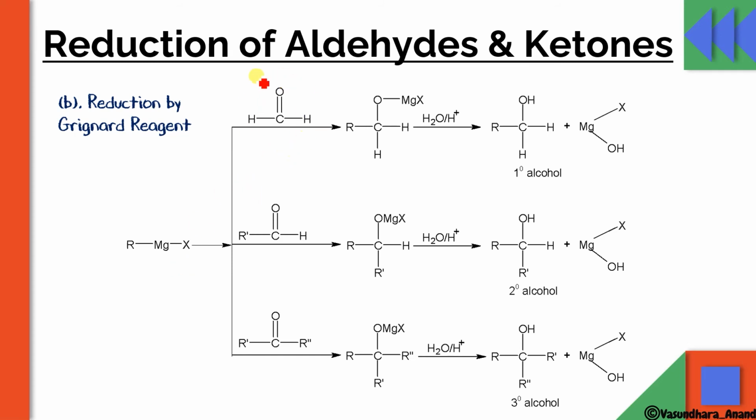When it reacts with formaldehyde, the mechanism is the same way. This will break on this side, it will have a minus and it will have a positive charge, and this Grignard reagent will break into MgX plus, and here it will be minus. So just an addition reaction.